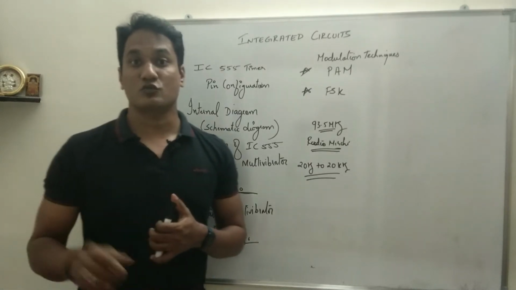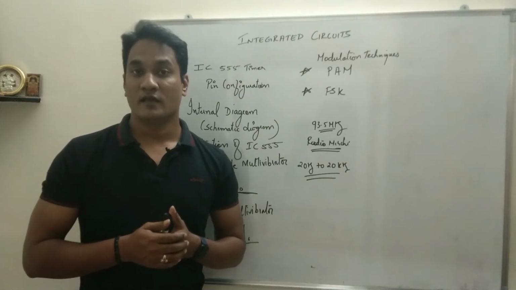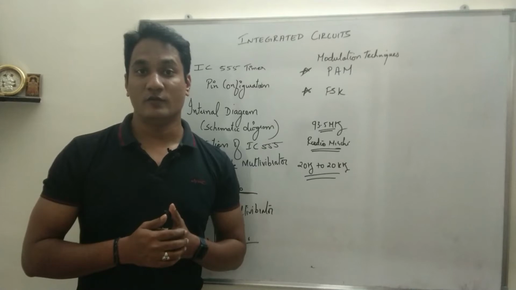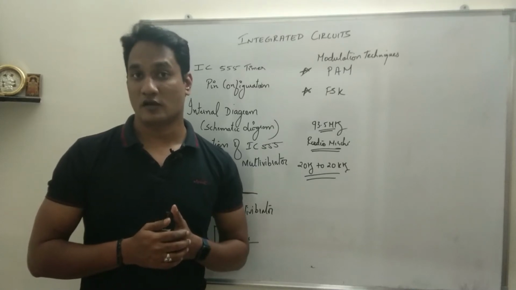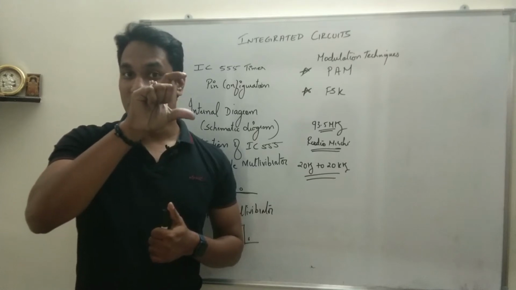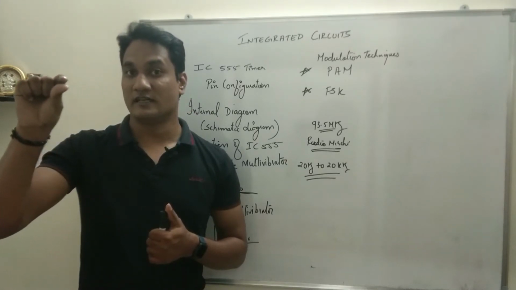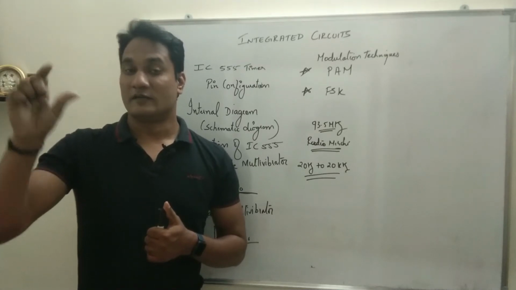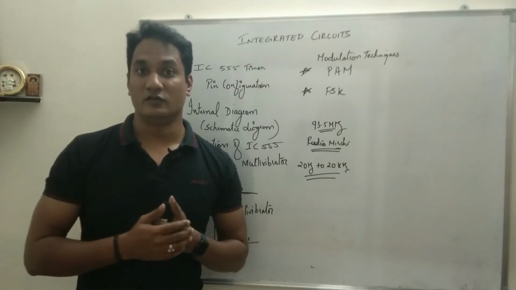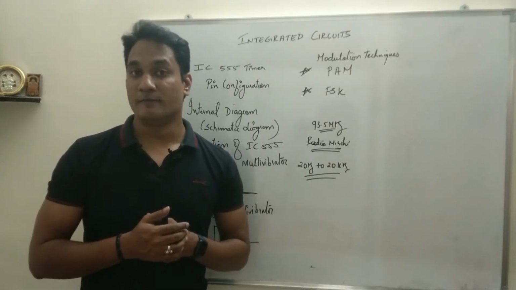But what happens to the strength of the signal with respect to the distance it travels? Can you hear the same sound after 1 kilometer? No, of course not. That means the strength of the signal will keep on decreasing with the distance it travels, right? That means after 1 kilometer nobody can hear you, but within 100 meters or 200 meters you can be heard.